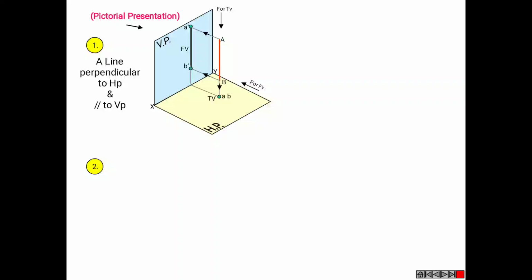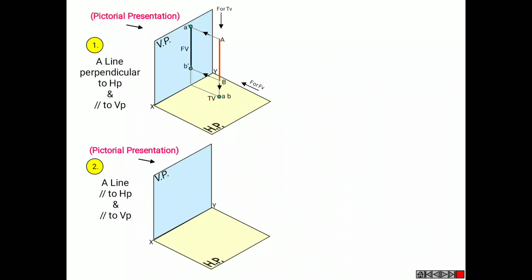Now we will move on to the second diagram, where a line is parallel to HP and parallel to VP. There is a line AB which is parallel to both HP and as well as VP. How the pictorial presentation looks, we will just see. Same VP and HP. This is an AB line which is placed in such a way that it is parallel to both VP and HP.